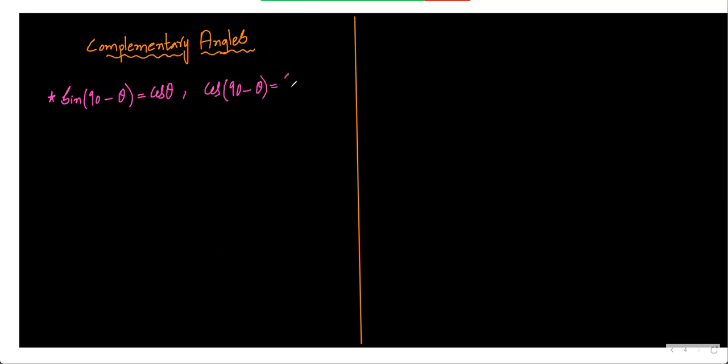In first quadrant, sine will be changed to cos, and tan will be changed to cot. It means tan of 90 minus theta is equals to cot theta, and cot of 90 minus theta is equals to tan theta.